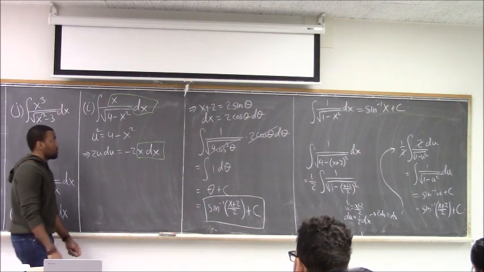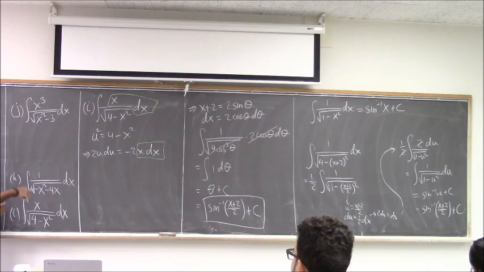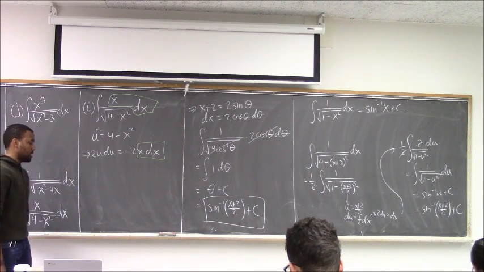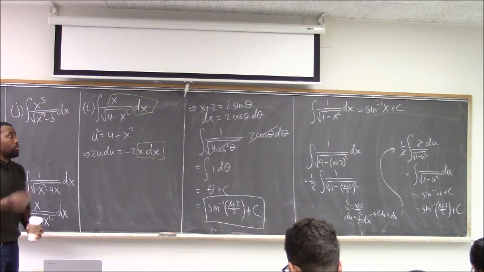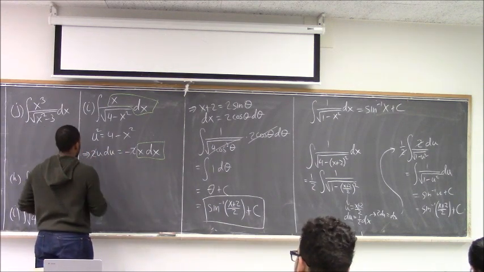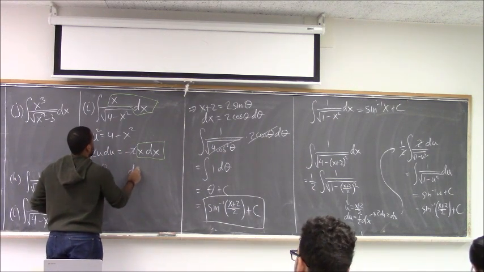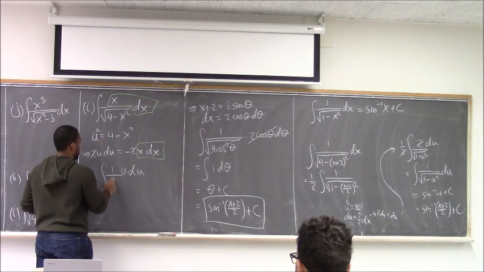I wouldn't do a trig substitution, although if you were going to, you would say something like x equals 2 sine theta, but it'll take you a longer time to get to the answer. You would have a more complicated integral, and you would also need to do a whole triangle thing to do a back substitution. By doing this, the integral now becomes minus du, well, u du over u.